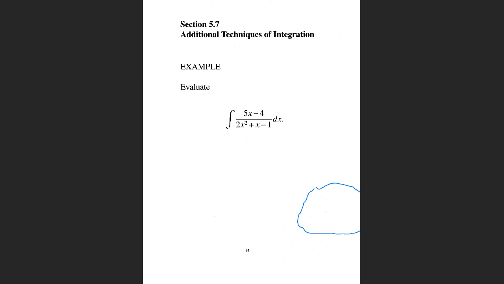That's right, Ange. If you let u equal 2x squared plus x minus 1, then du dx would equal 4x plus 1. So du would equal 4x plus 1 dx.